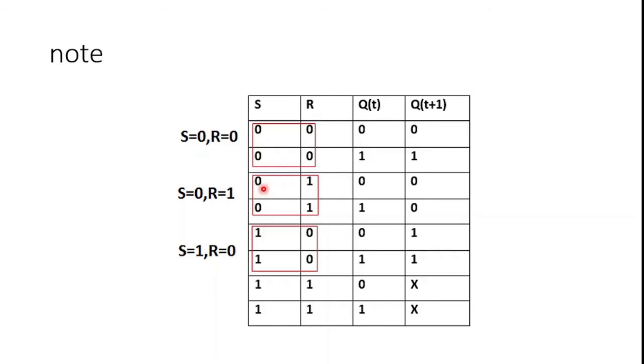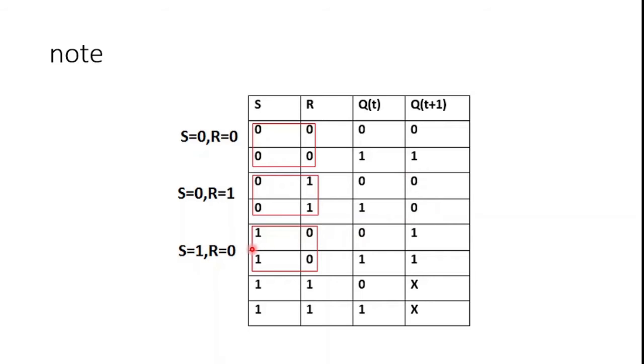And when S is 0 and R is 1, the scenario is something like this. Qt is always varying between 0 and 1. However, this Qt plus 1 is always 0. It doesn't matter what you have in Qt, the Qt plus 1 will be always 0.